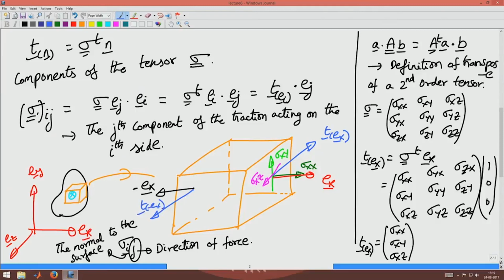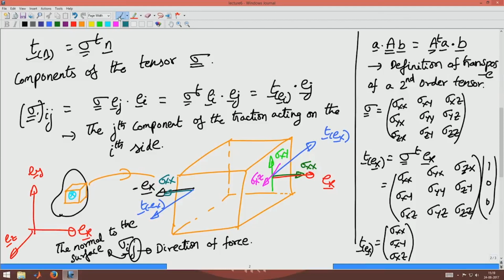So, these two are parallel, opposite in direction, and sigma x x on this face would be opposite to the coordinate system, because sigma x x is positive and we got a negative sigma x x, and hence we are drawing it opposite to the direction of E x.